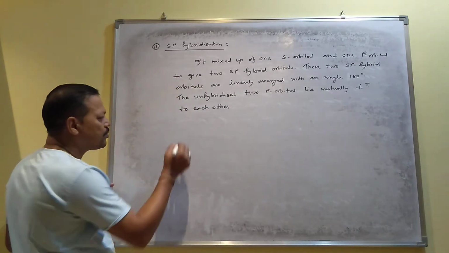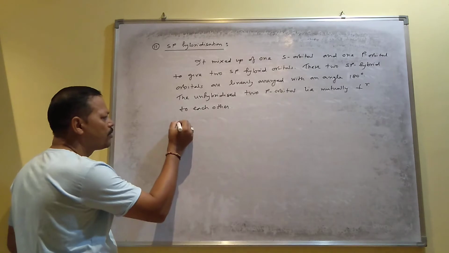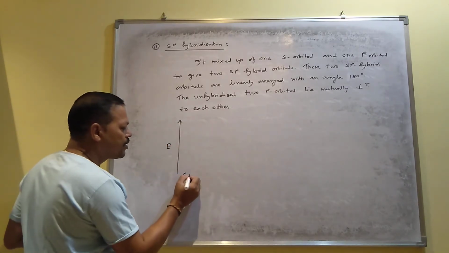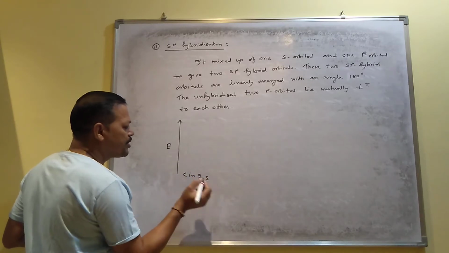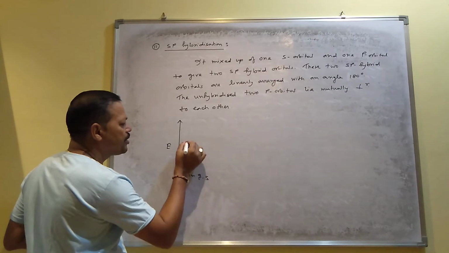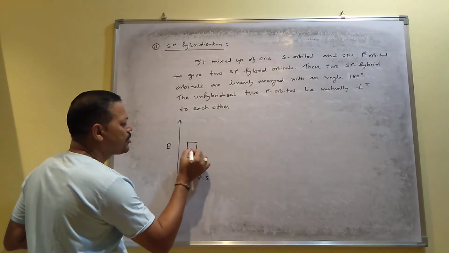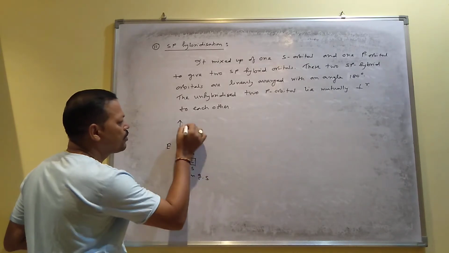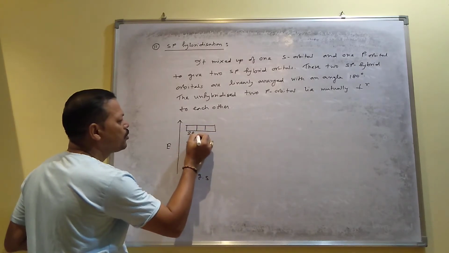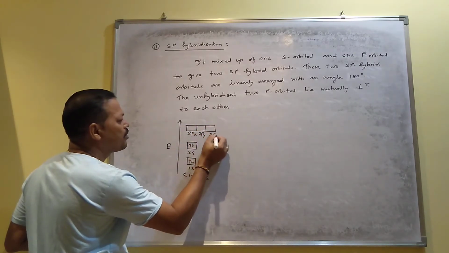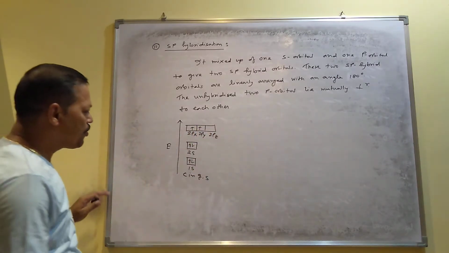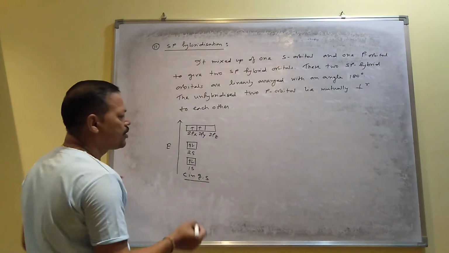Now, as you have got the electronic configuration of carbon in ground state in order of energy: 1s lowest energy, 2 electrons, then 2s, 2 electrons, then 2p, 2px, 2py, 2pz contain 2 electrons. This is the electronic configuration of carbon in ground state.